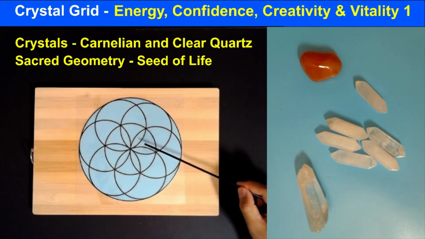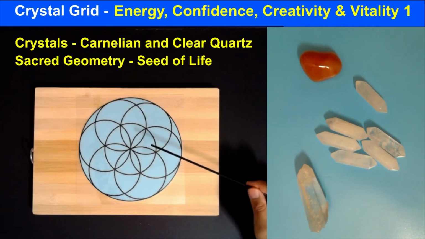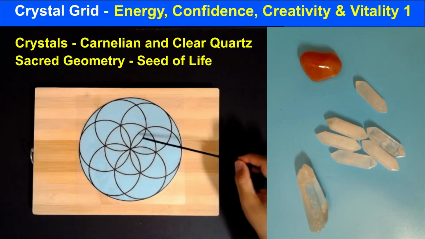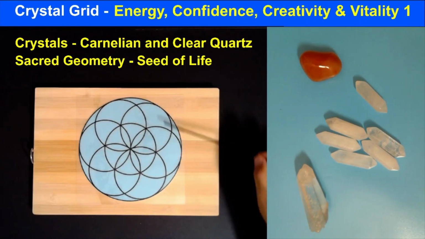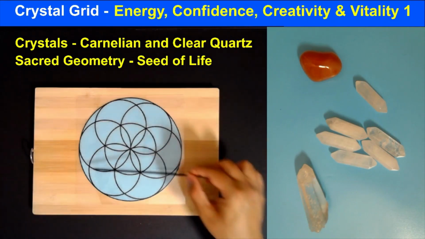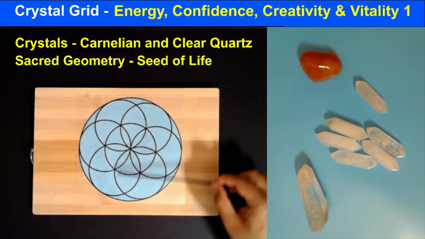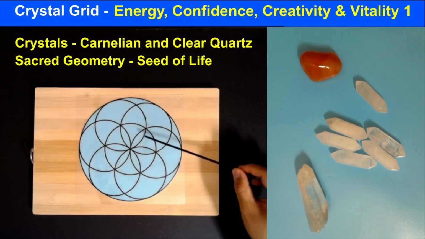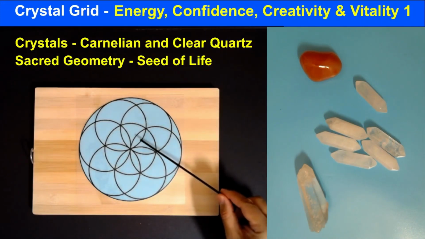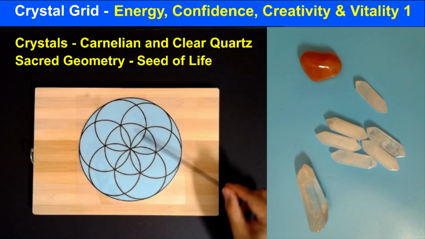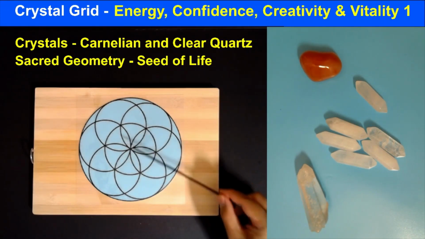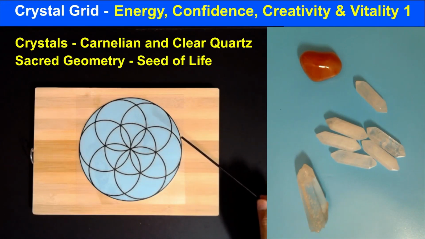Now, when you look at it, actually, the seed of life consists of 7 circles. There is one circle in the middle, and it is surrounded by 6 other circles. So, 6 circles on the sides surrounding a big circle, and the overlapping of the circles creates this lens-like shape here, which actually, when you look at it, looks like a flower pattern.